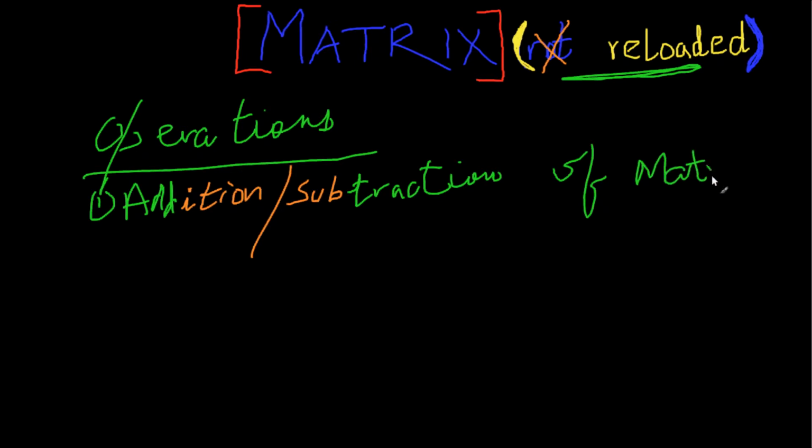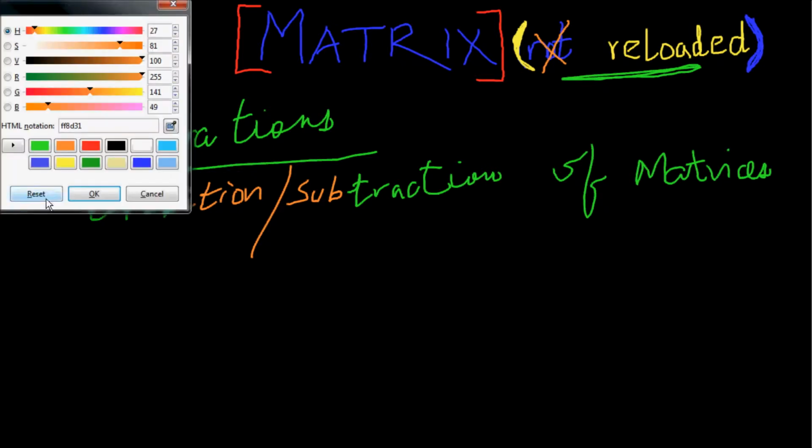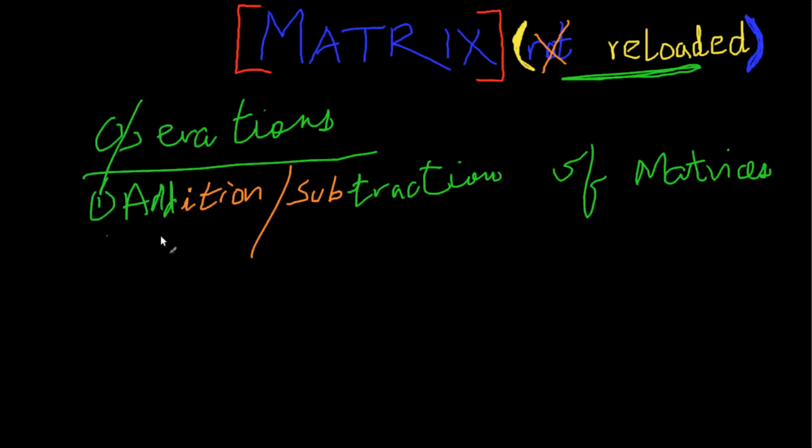Alright, guys, this is a very, very easy concept. This is the first operation, and suppose I have a matrix 1, 2, 3, 4, order 2 by 2, and another matrix 5, 6, 7, 8, also 2 by 2.